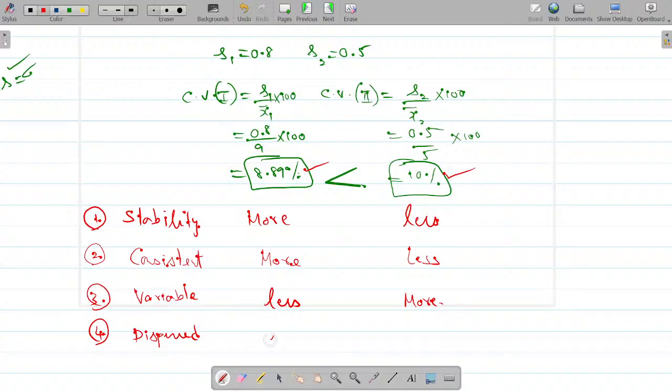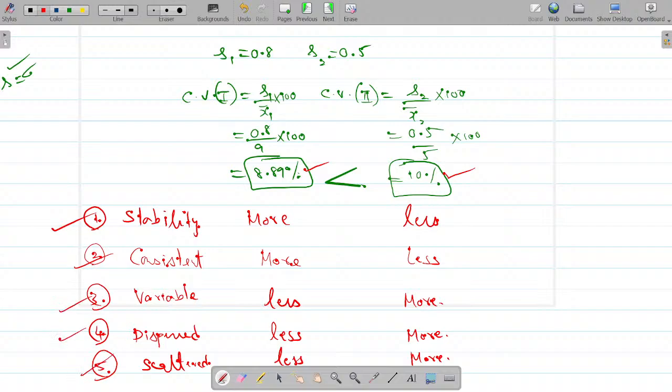This is less dispersed. This is more dispersed. One more term, which is scattered. 10% is more scattered. So this is less scattered. This is more scattered. So you can get any of the terms.